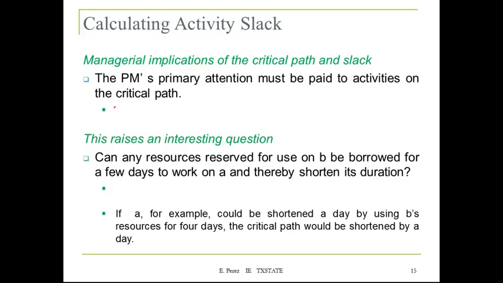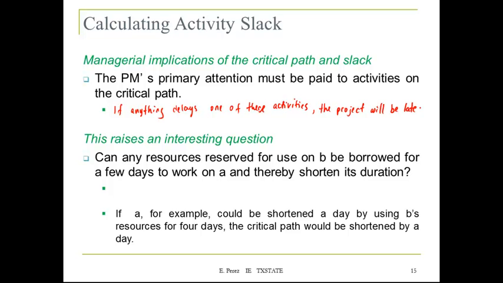So if anything delays one of these activities, we know that the project will be late. So you will focus your attention as a project manager to the critical path.